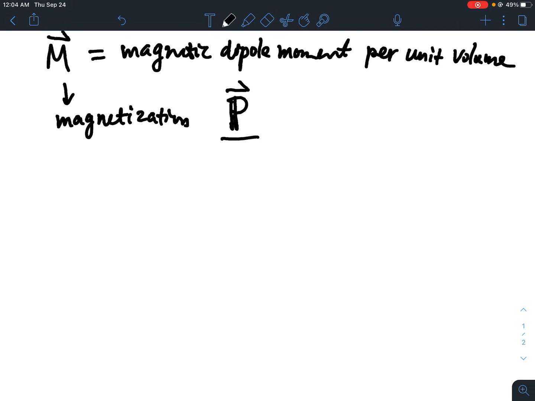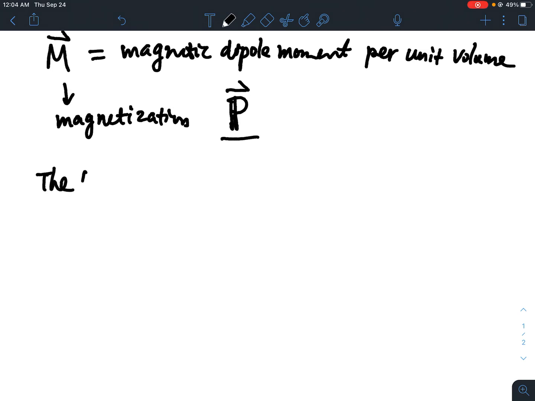So you can see that these two concepts are very similar to each other. Magnetization effects are often small and hard to observe, mainly because mu zero is much smaller than 1 over epsilon 0 in the electric case. So this is how we talk about magnetization.